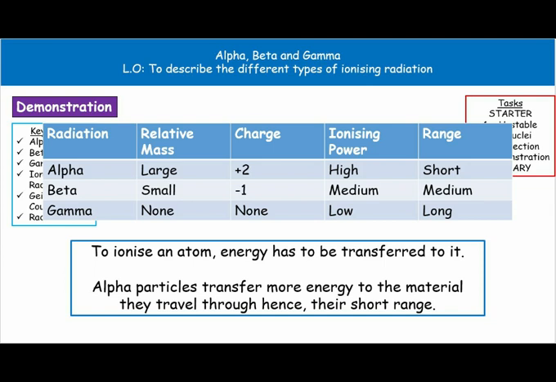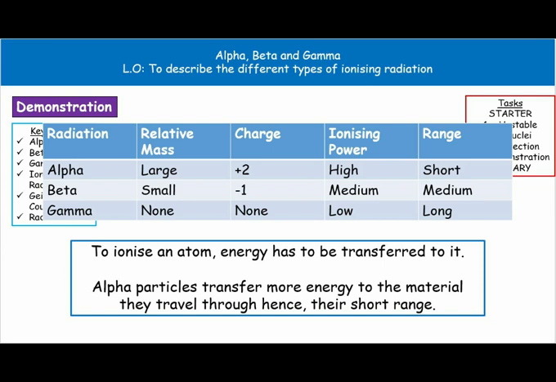Now, where we've been talking about this ionizing power, what we're referring to is the ability of those particular types of radiation to cause the atom to become an ion. So in order to do that, we've got to transfer energy to that atom. So the one we've got there with alpha being a high ionizing power just means the alpha particles transfer more energy to the material, and because of that, they then get a short range, because their ability to travel is all down to the energy that they've got.